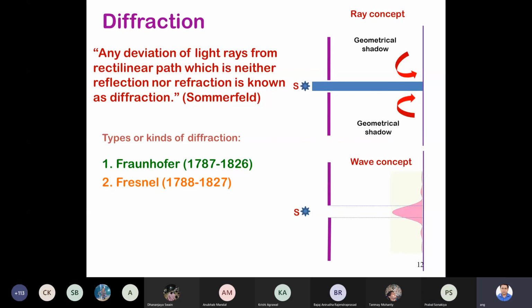I will email you. Some mathematical interpretation of Lloyd's mirror, Billet's split lens and Fresnel double prism, will all these things be in this test? Yes, we have covered this when you divide the fringes from the wavefront. The amplitude and wavefront we have discussed, so that will be there.